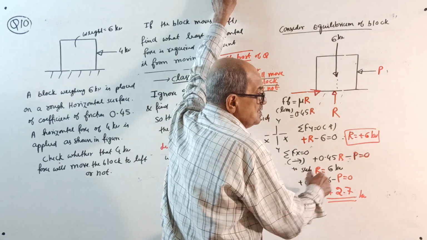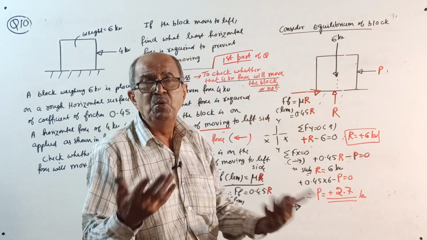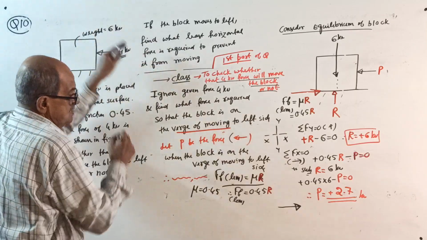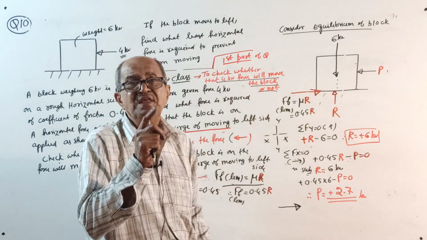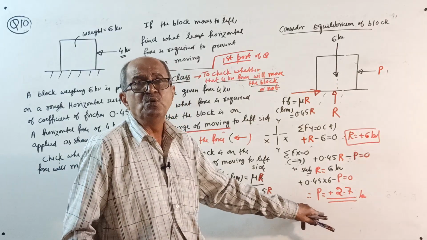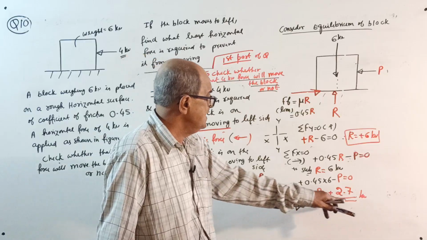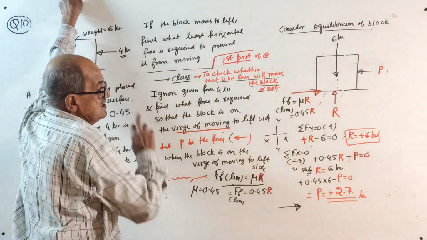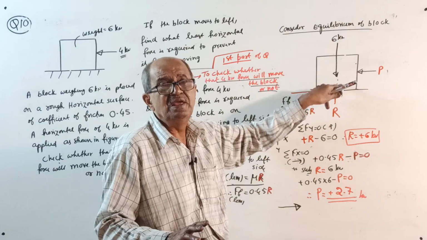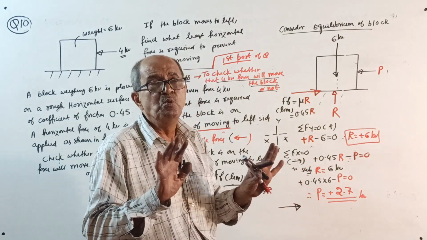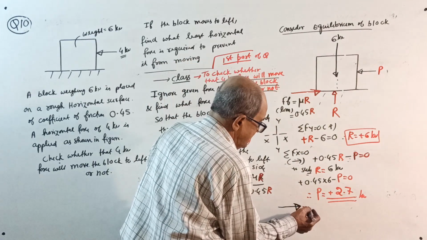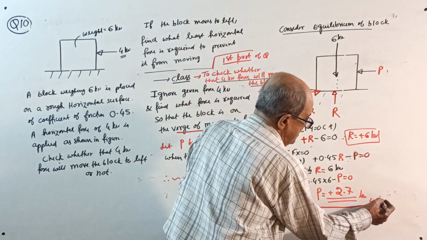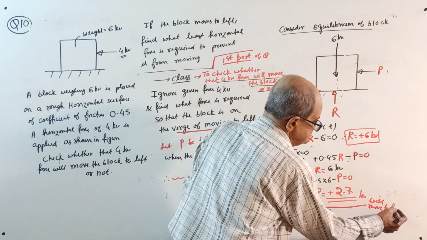But the actual applied force is 4 kilonewton, which is more than 2.7 kilonewton. Therefore, due to the given 4 kilonewton force, the block will move to left.